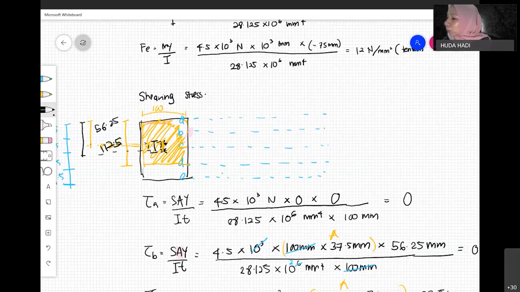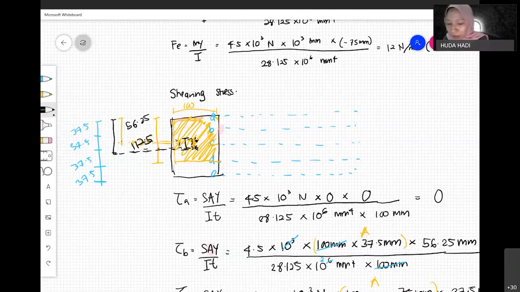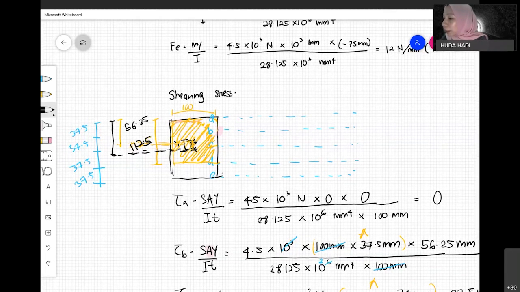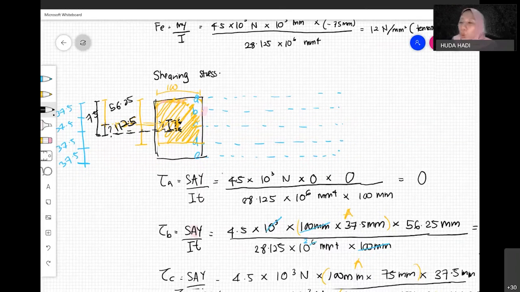Okay, centroid semua ni adalah berapa? 75. Okay, so you boleh dapatlah beza ni berapa. Itulah jarak dia. Centroid area above D sampai ke centroid semua section. So 75 minus 56.25. Dan you akan dapat 18.75.